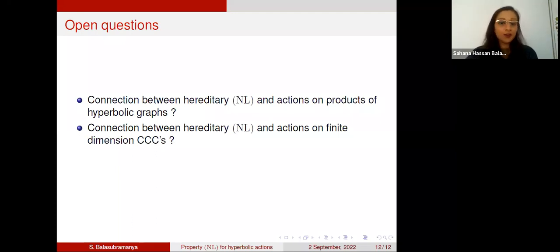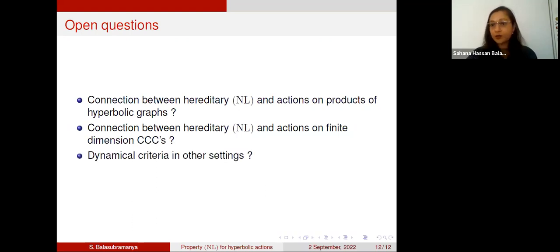But another thing that we'd like to understand is how far can we generalize this dynamic criterion that we have? We have it in a very specific setting where you act by homeomorphisms on a compact Hausdorff space. And can we weaken any of those conditions or try to apply a similar criterion but in a different setting, for groups that maybe don't act via homeomorphisms?